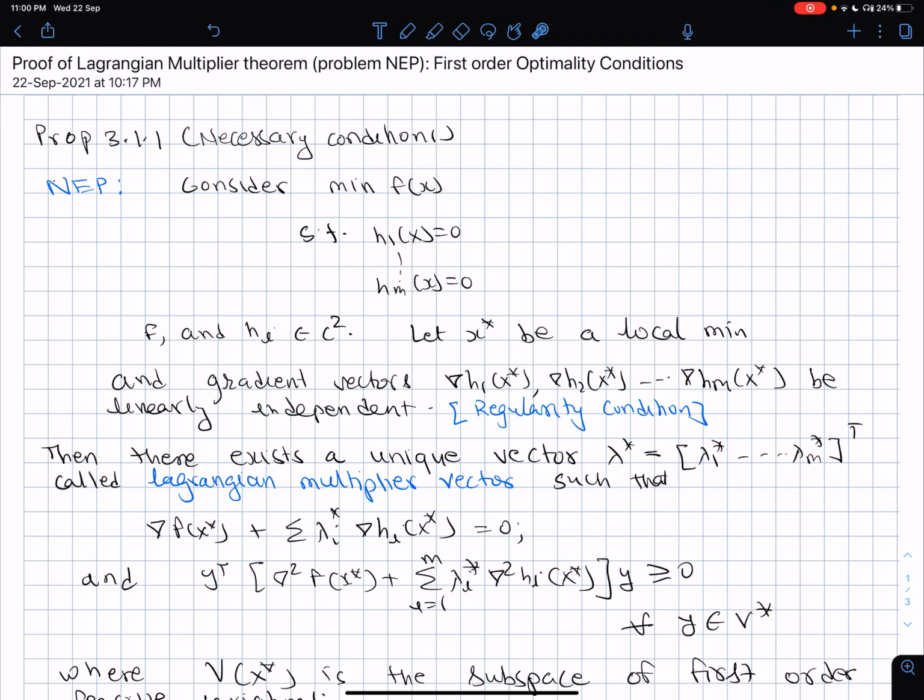If they come from C1, that is continuously differentiable only, then we will only have first order conditions. If they come from C square, then we will have both first order necessary conditions and the second order necessary conditions. Now, whenever we derive necessary conditions, we always start by saying that let x star be a local minimum. Why do we start with x star being a minimum?